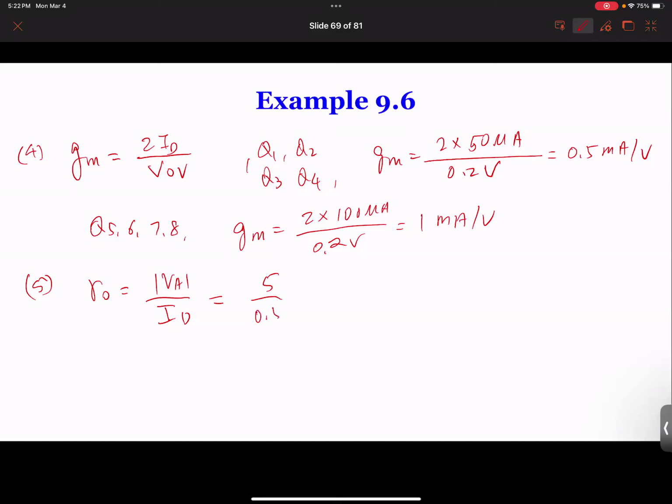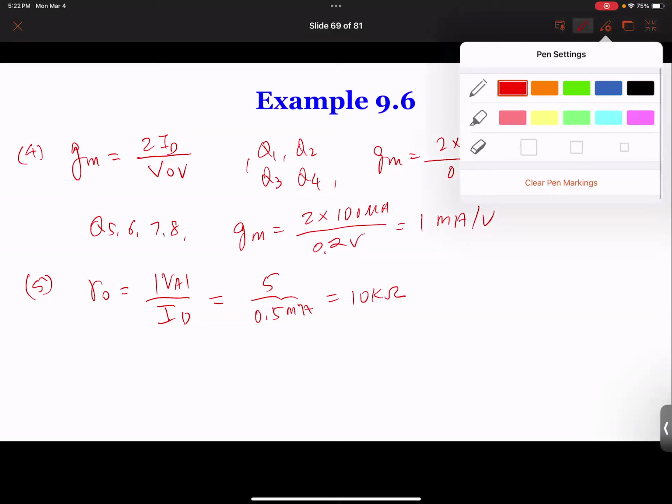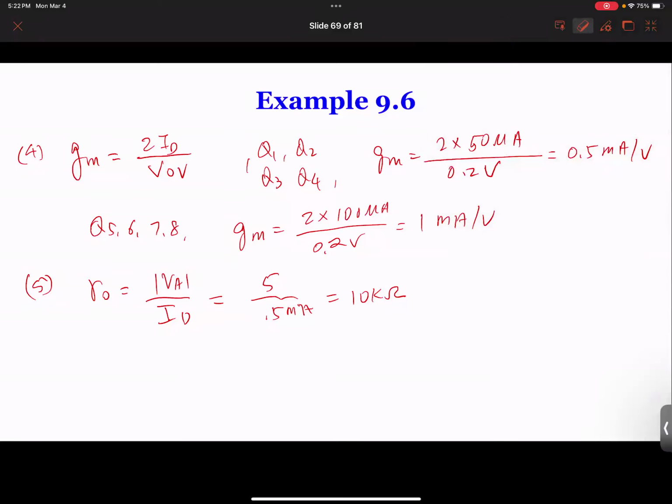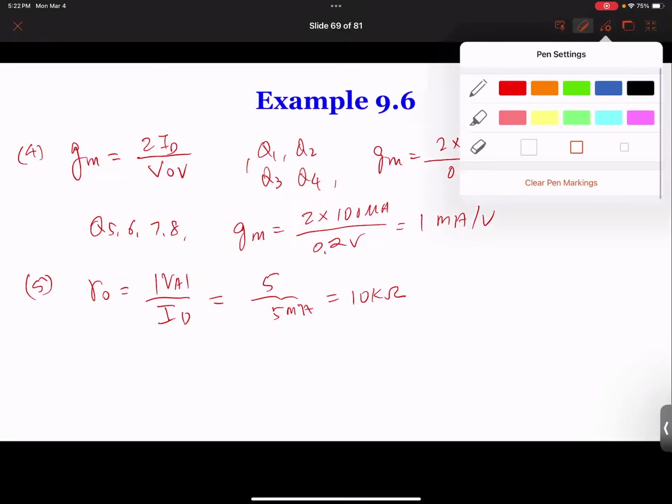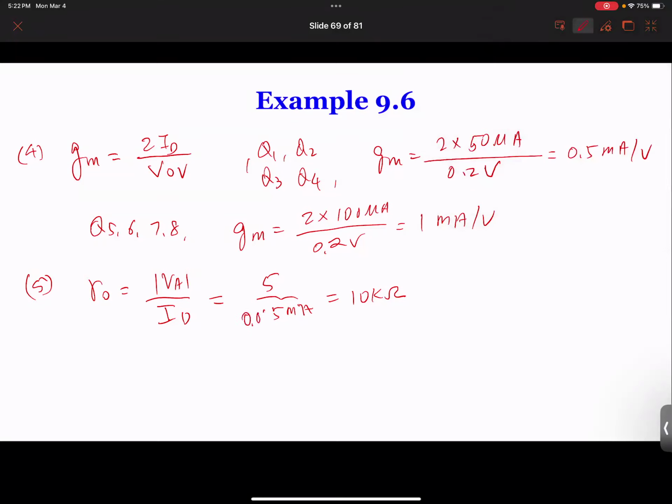So if we take 0.05 milliamps, it gives you 100 kilo ohms.